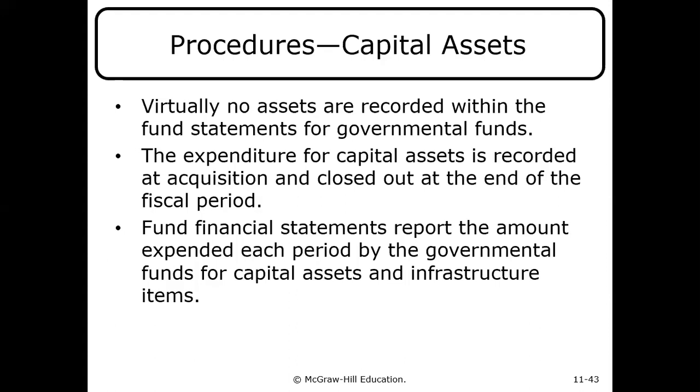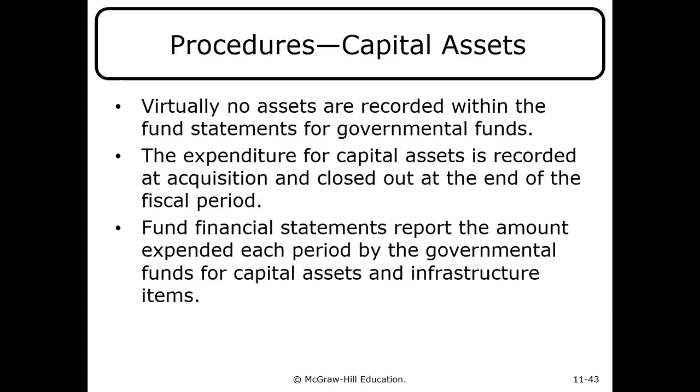You saw cash, investments, accounts receivable, and materials and supplies, but nothing else. Expenditures for buying capital assets that we normally debit an asset for are recorded at acquisition and closed out at the end of the year as an expenditure, like an expense.